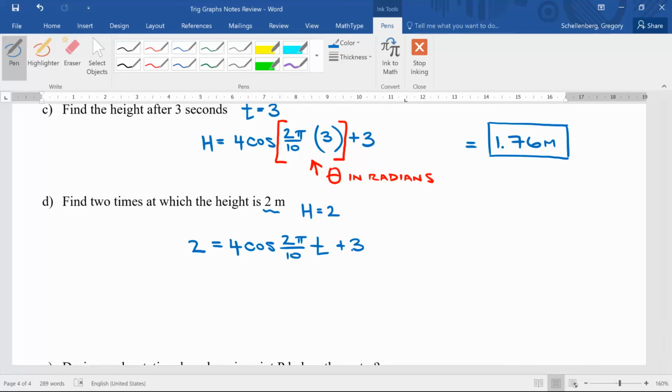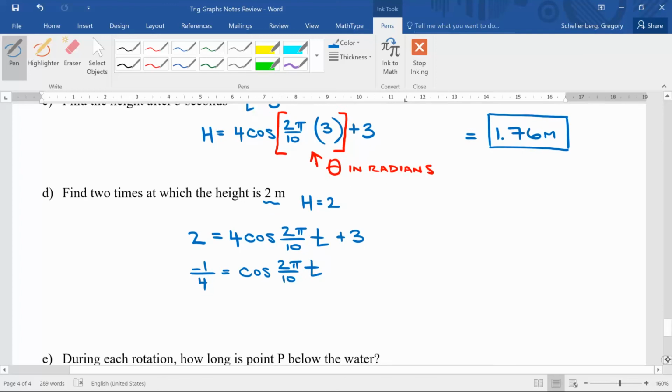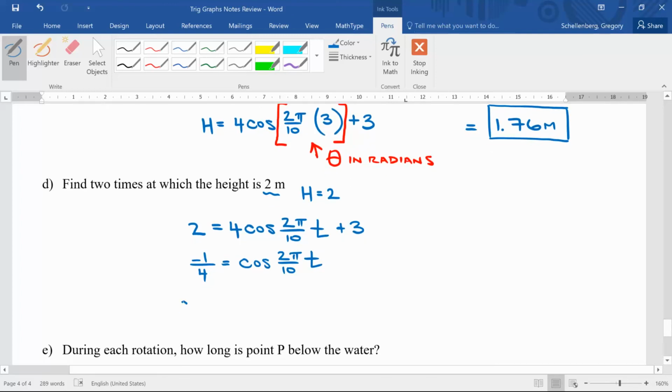Moving the 3 over to the other side, we get 2 minus 3 is -1, and -1 divided by 4 is -1 over 4, is equal to the cosine of 2 pi over 10 times t. We will take the inverse cosine of both sides.